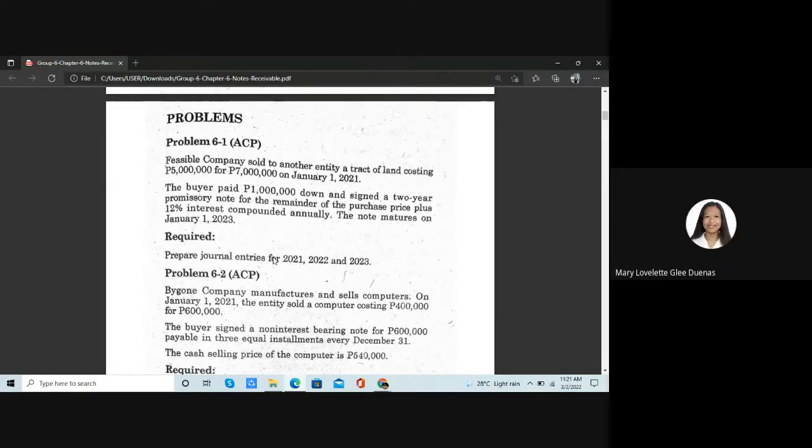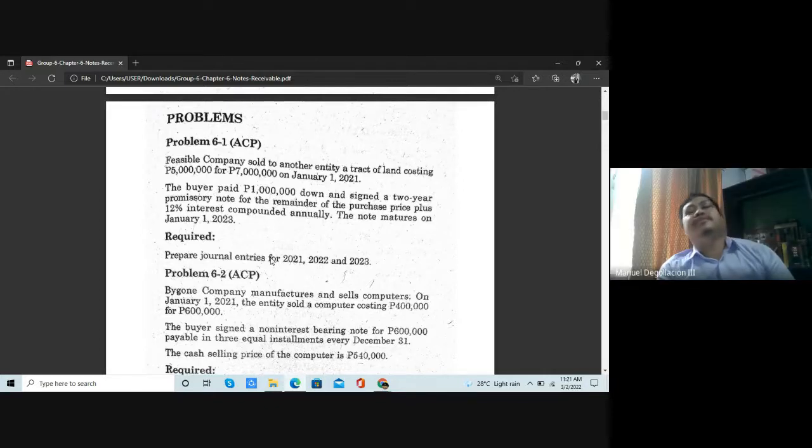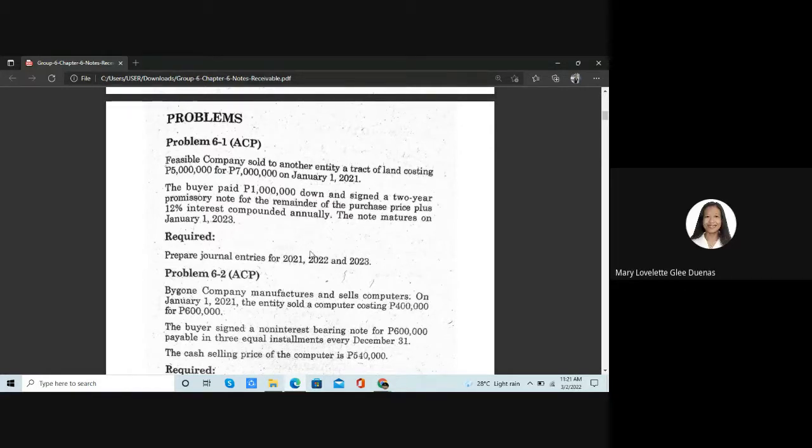6,720,000 times 12%. Where did you get 6,720,000? 6 million plus the 720K from the journal entry in December last year.